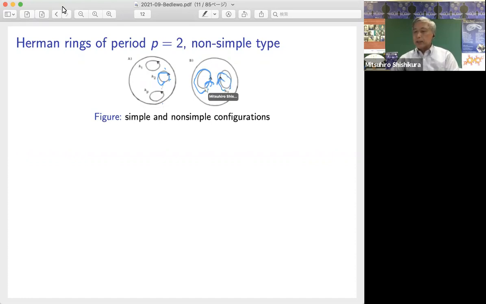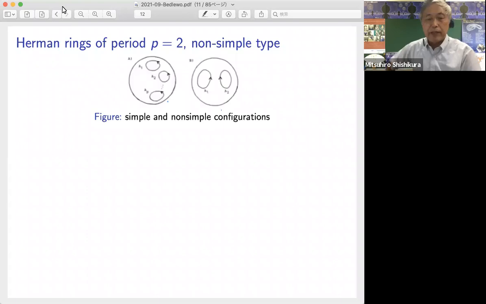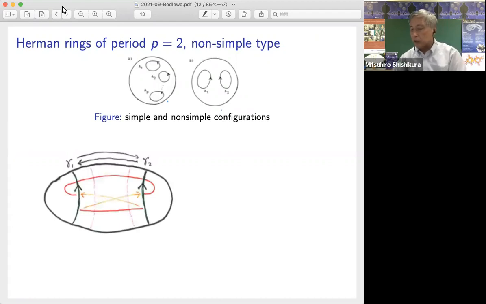So this I call the simple type, and this is called a non-simple type or configuration. This one is also possible to realize, but it took some time. Suppose this is a sphere, and put the invariant curves this way with the invariant orientations, and you are permuting these curves.